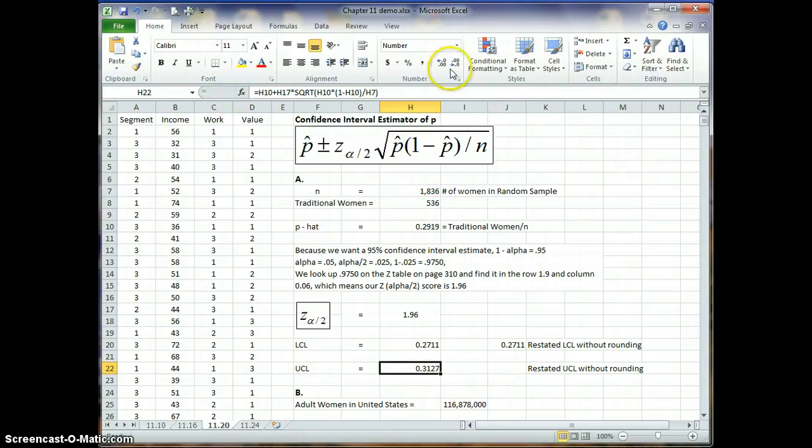And again, I've got more decimal places showing there than I'm showing, so I'm just going to retype the number right there to use that for calculating. So I'm restating the upper confidence limit without rounding it, so that's all that's there.